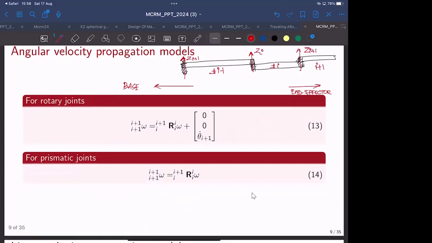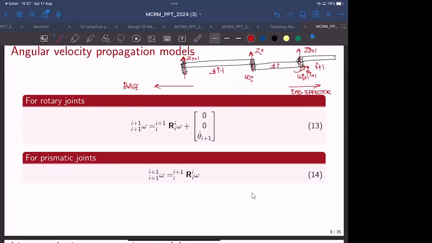So if you want to write the velocity of frame I plus 1, if omega I is the angular velocity of the ith link, and omega I plus 1 is the angular velocity of the I plus 1 link, and if you are giving inputs to the I plus 1th joint as theta I plus 1 dot, because each joint is a revolute joint or prismatic joint, and for each joint you are giving some angular velocity, how can you relate omega I to omega I plus 1?